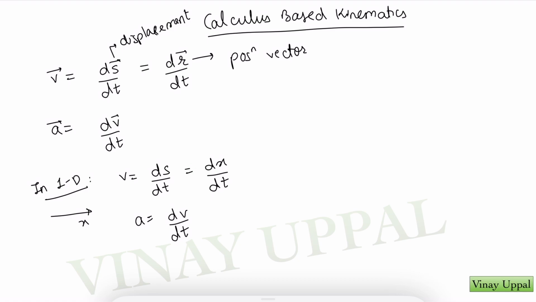And another useful expression for the acceleration is I can just divide and multiply by dx, and dx by dt is nothing but velocity. I can just write it as v dv by dx. So these are the usual expressions we use for questions in which calculus is involved, where you have variable velocity varying with time or acceleration varying with time. So let's just look at a couple of questions based on these equations.